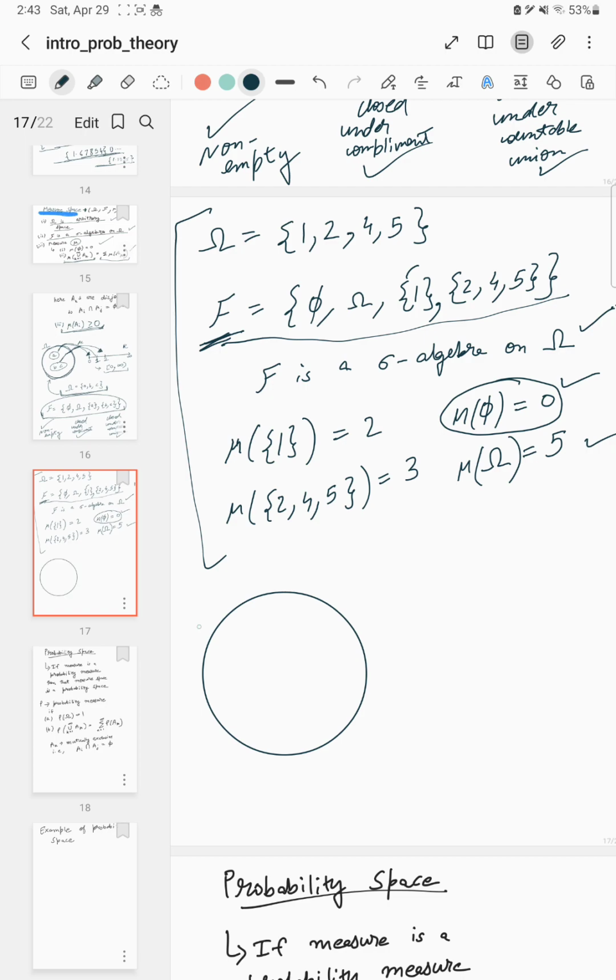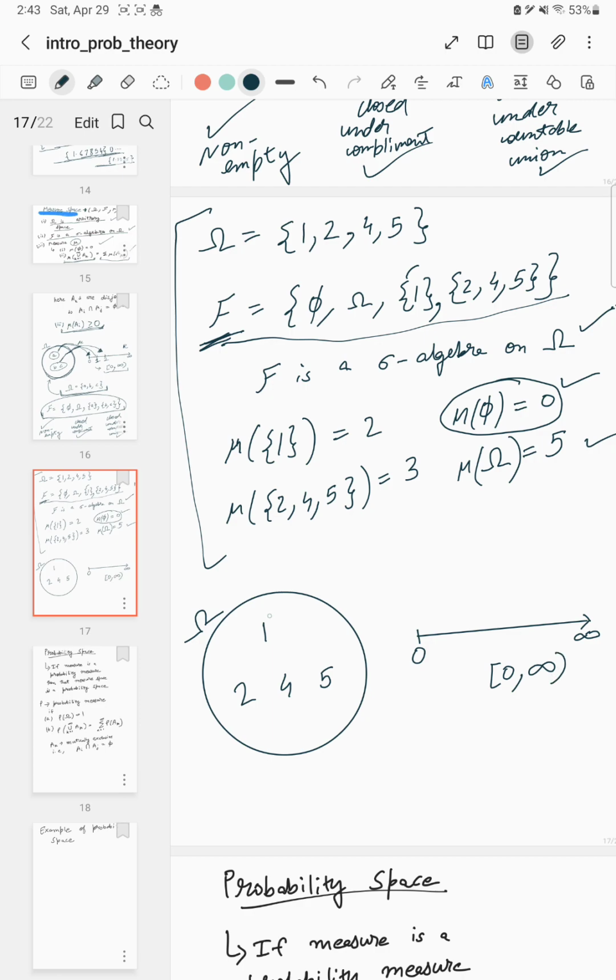Okay, you can visually represent this as this. So you have a sample space omega, you have {1} and {2, 4, 5}, you have these elements which are present here, and you can see that the measure mu will map to the non-negative part of the number line, which is the closed interval 0 to infinity.